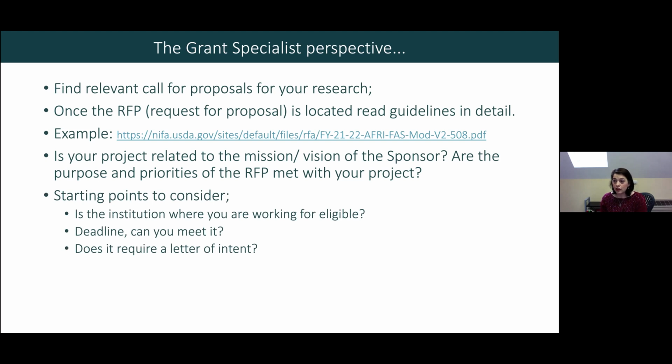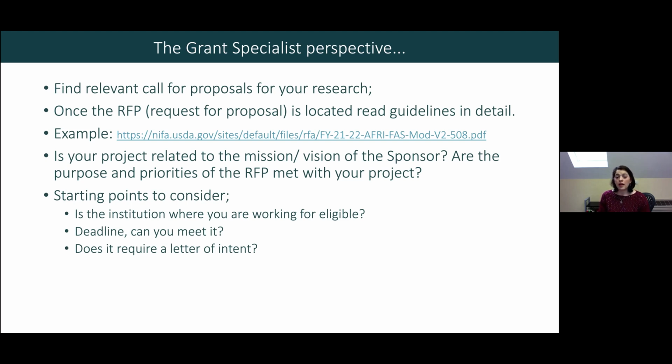Some things you should have at hand once you see those guidelines and start reading them: is the institution that you're working for eligible? Am I a researcher that is eligible for this call? Because sometimes we have researchers, maybe PhD candidates, that are not yet able to be lead PIs.